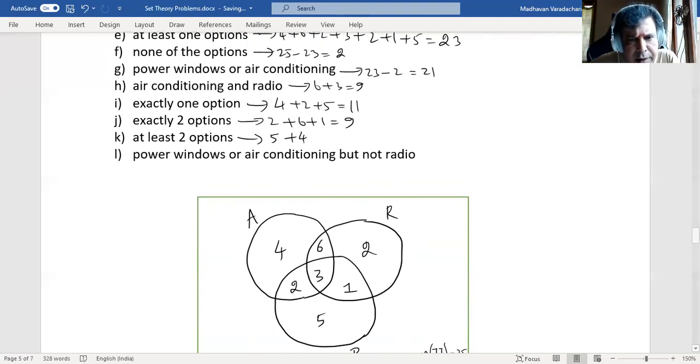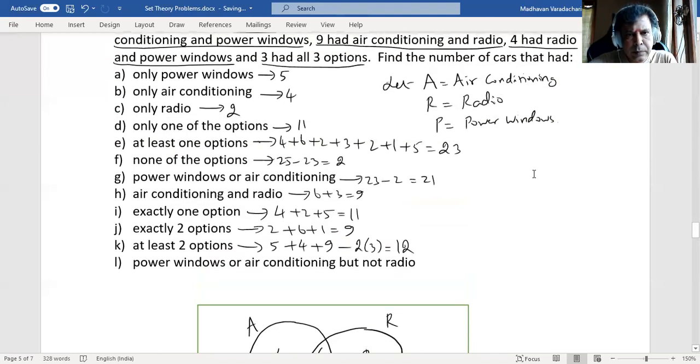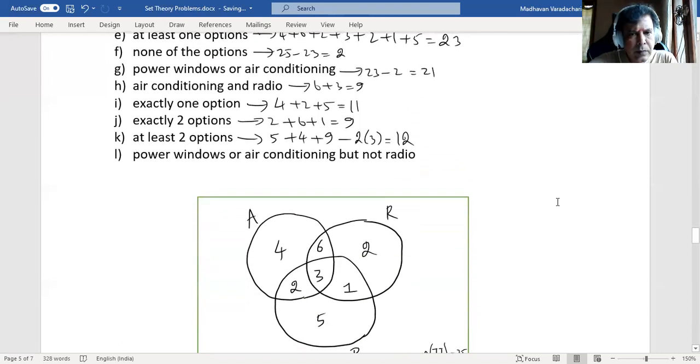And then 6 and 3, it is 9. And I should subtract 3 two times. So what do we get? 9 plus 9, 18. 18 minus 6, it is 12.